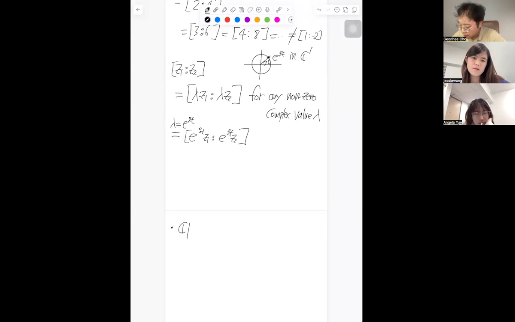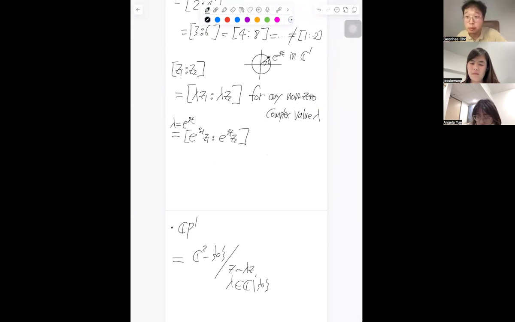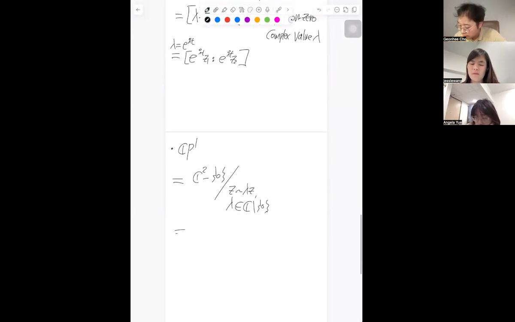If you look at the definition of the projective space, we start from C2 minus 0, and we identify Z with lambda Z. Here, lambda is a non-zero complex value. This is actually the real definition of CP1. But if you make the scaling on lambda, then we just collect the unit vectors, because it makes sense.